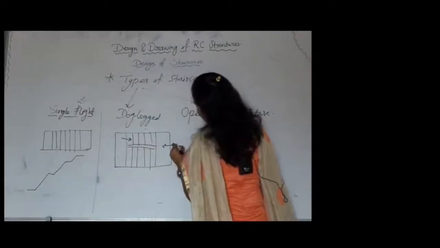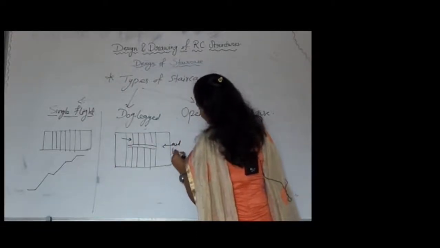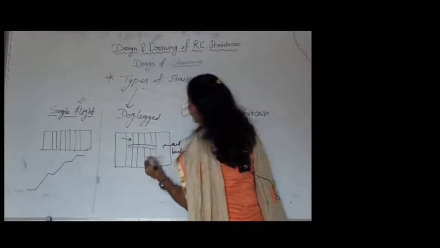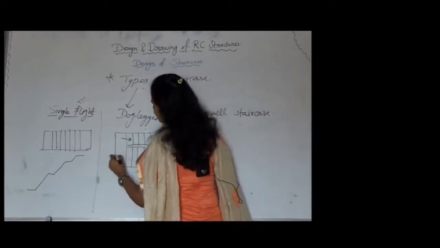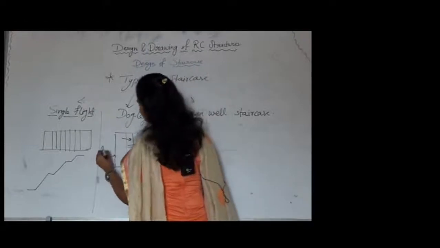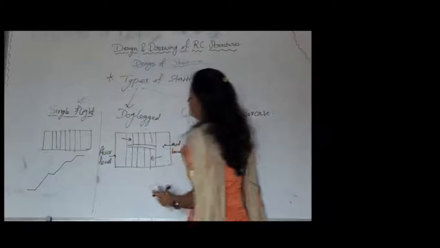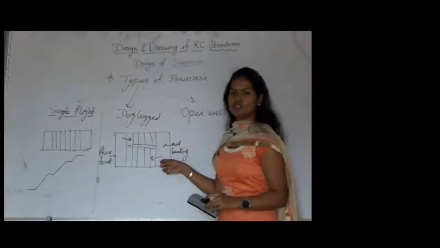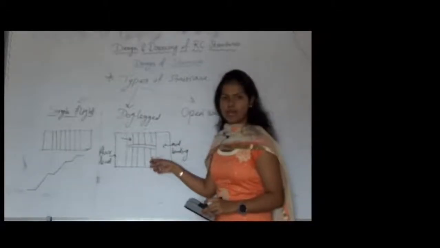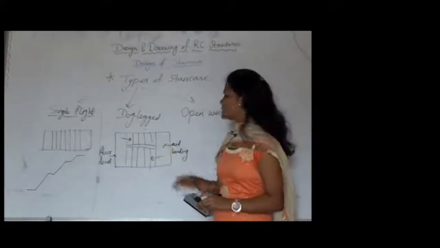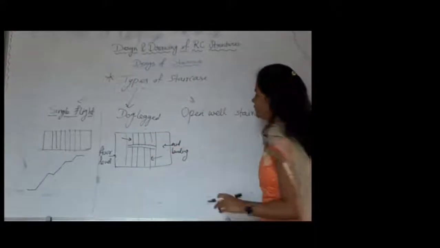This is our mid landing, and then from mid landing we reach the floor level. So here the dogleg consists of two opposite flights separated by a certain distance, which is considerably 100 to 150 mm.